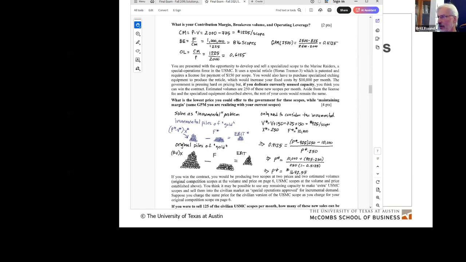Y'all are all correct, but I don't know why you won't just use the words we're talking about in this class. Here's the bottom line. The variable cost associated with making an AIDS drug cocktail is probably $50 a year.